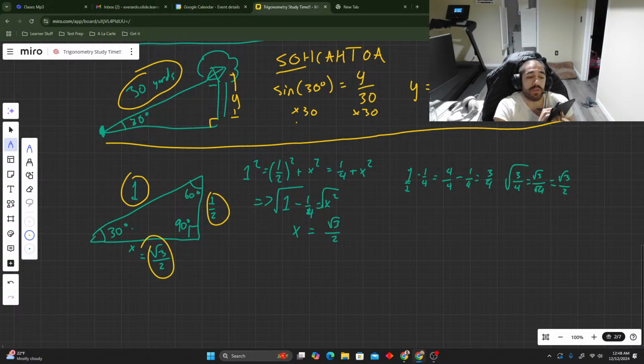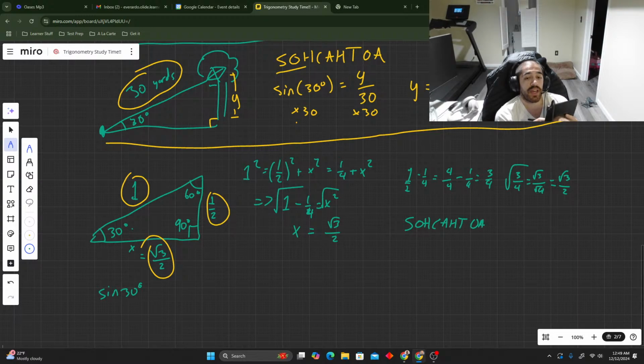Okay? The beautiful part about this, in terms of giving you a reference point, is that now you have quick and easy access to some values. So sine of 30, SOHCAHTOA, I'm going to keep writing this, driving it home, okay?